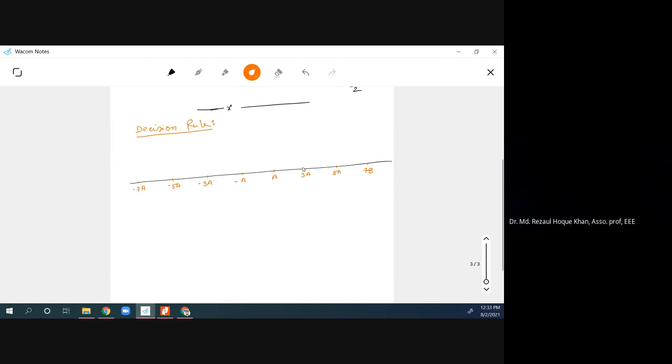The constellation separation is twice A. How do we take a decision?